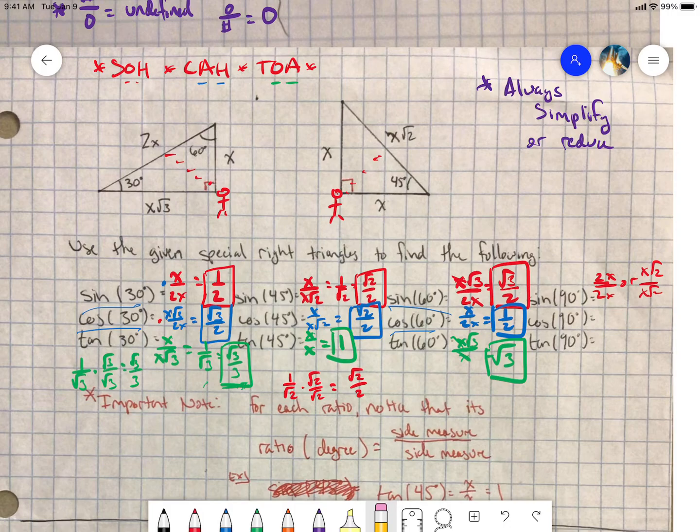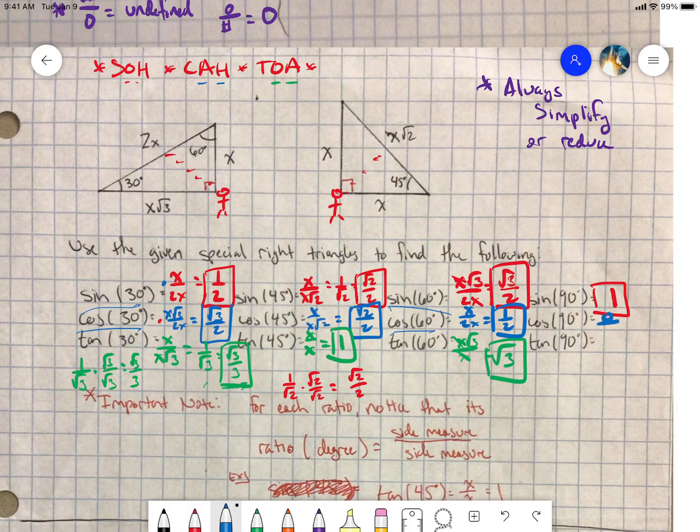So what is the actual value of sine of 90? It's 1. What about cosine of 90? Remember, if we have to choose an adjacent side, we can't choose one. So it doesn't matter. We have two different adjacent sides to choose from for these cases. You could make an argument that it'd be x over x rad 2 for here, but it's not. I have too many sides to choose from, so I choose 0.